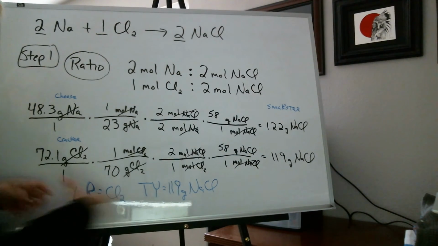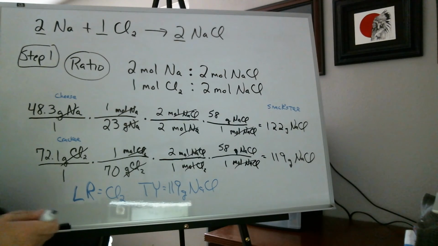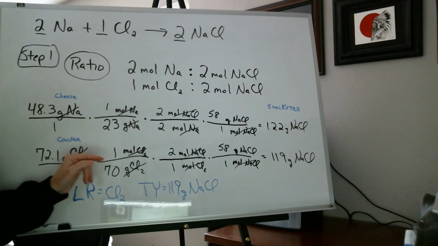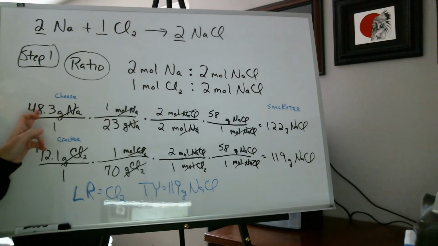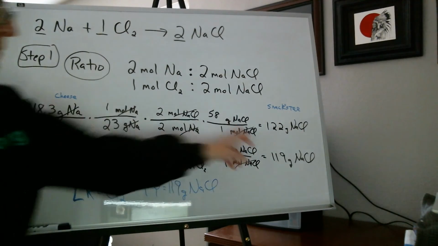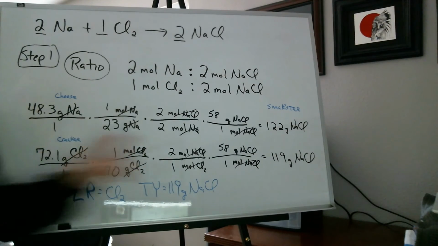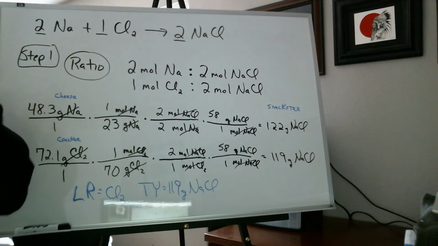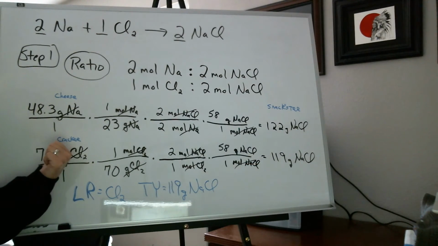So does that make sense? If we think of this in terms of cheese and crackers, I think it helps out. So again, 48.3 slices of cheese can only make 122 snacksters. 72.1 crackers can only make 119 snacksters. So this is the most I can make because then I'll run out of crackers. So I'm limited by my crackers.